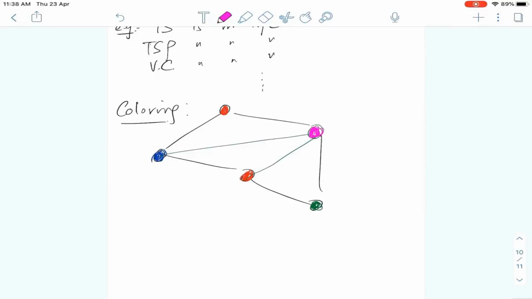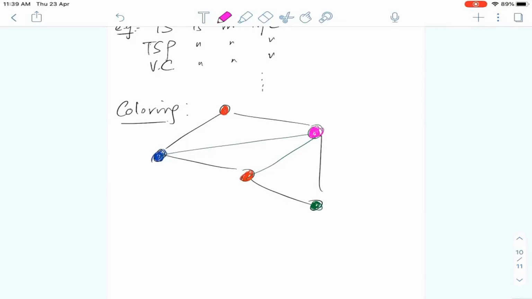So remember, the solution here is a given coloring. You can do a brute force algorithm for this question. How many colors will you require at the most? You can require n colors.